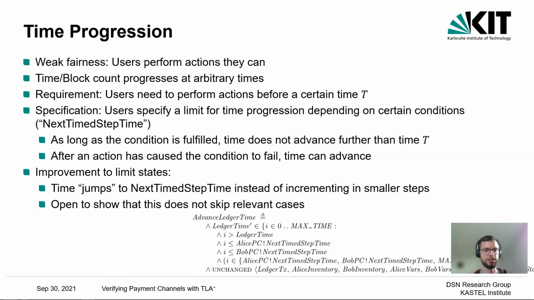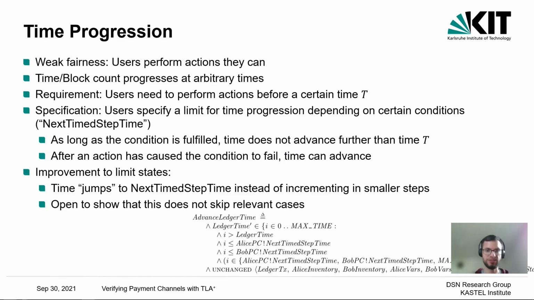So if there is a condition that a user needs to become active before time 7, so before time 7, a user is required to perform a certain action, then the time does not progress further than time 7 until either the user has performed the required action or another event happened that caused this action to be not required anymore. And if for some reason this condition fails, then the time can advance further.